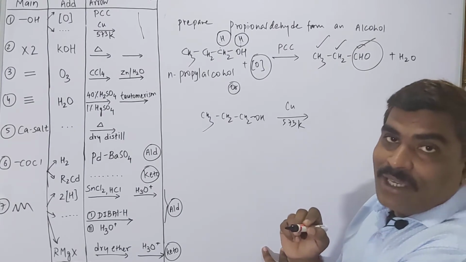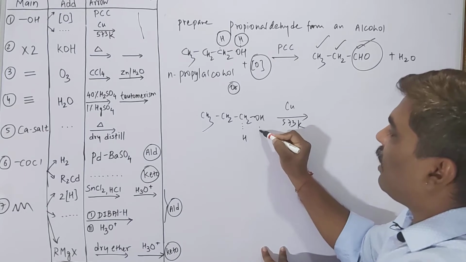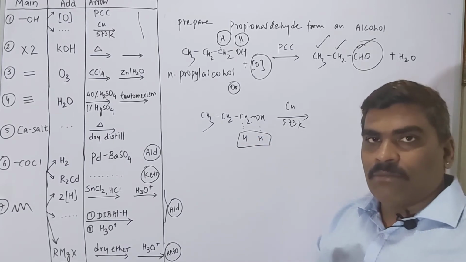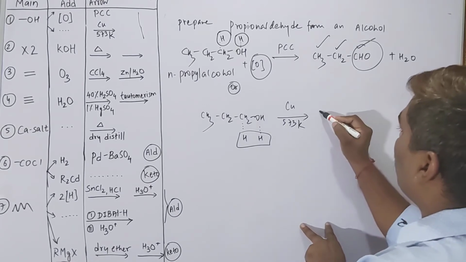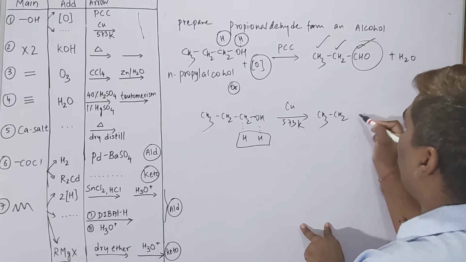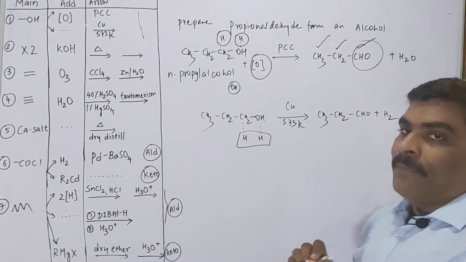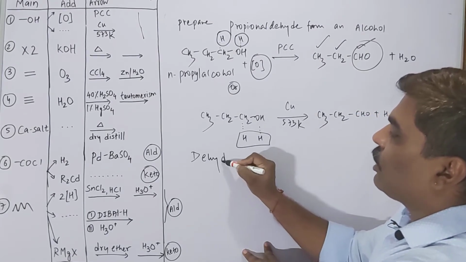What happens in this reaction? From the alpha carbon hydrogen comes out, from the functional group hydrogen comes out, H2 liberates. It eliminates. So after this elimination, we get propionaldehyde plus hydrogen, and this reaction is known as dehydrogenation.